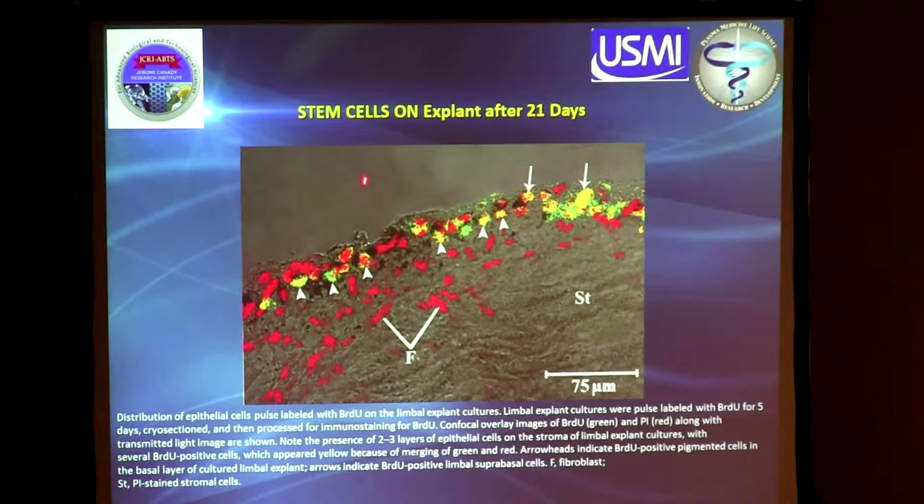This is another image showing the stem cells that are intact on the explant after 21 days, and these are pigmented as you see here. These are the label-retaining stem cells on the limbal explant.